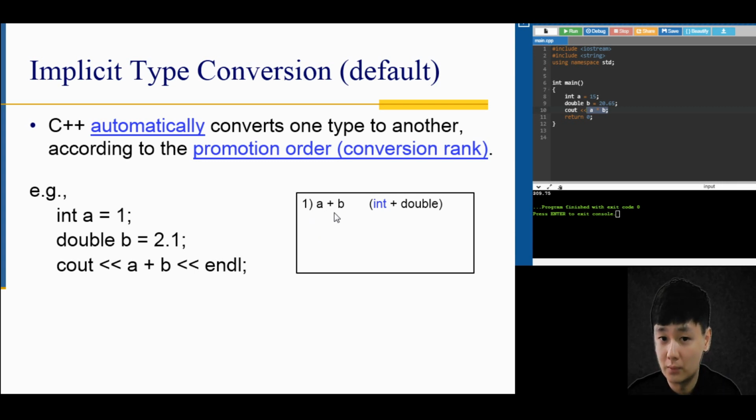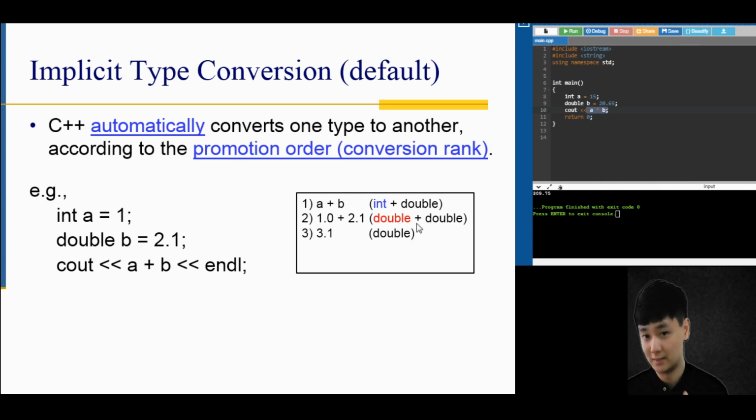If they are from different data types, don't worry, C++ will help you convert implicitly, where this integer will temporarily convert into a double, for instance 1.0. See, they are matched, the same data type. Therefore, they can proceed to give you the answer 3.1.